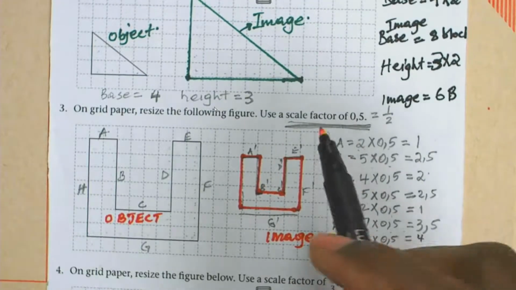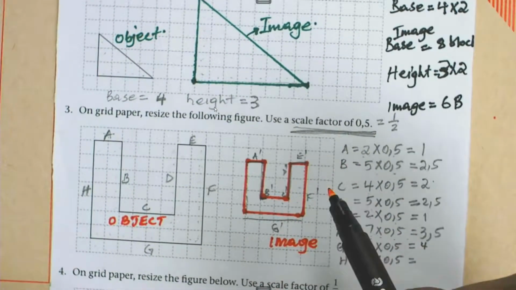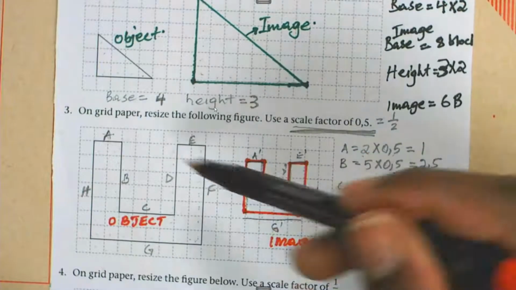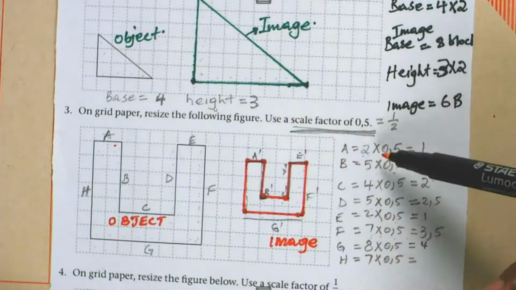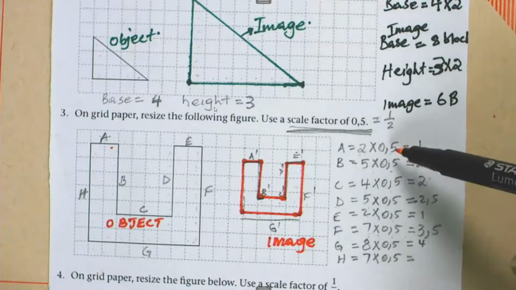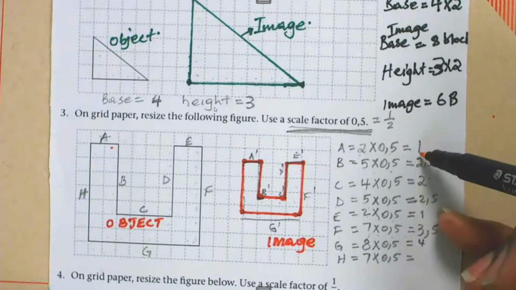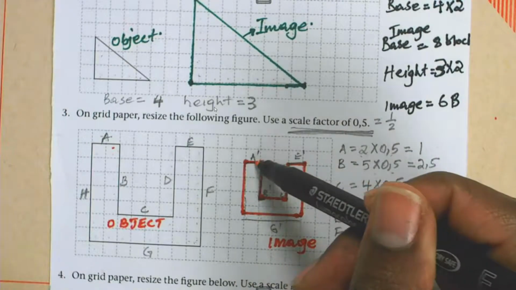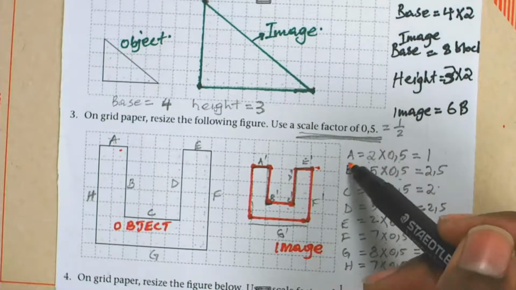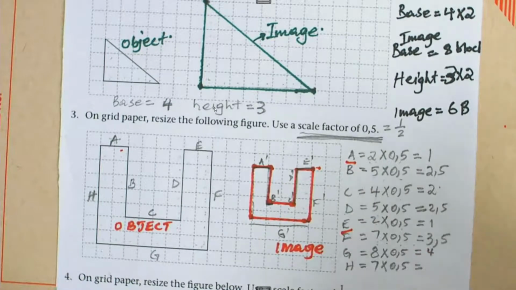Now, when you see that, guys, just to do it quick again, A was 2 from the original shape. We multiply this by the scale factor of 0,5. Now, it became 1. Then we had only 1 block for A. Same applies to E, because A and E are identical, so it's one and the same.